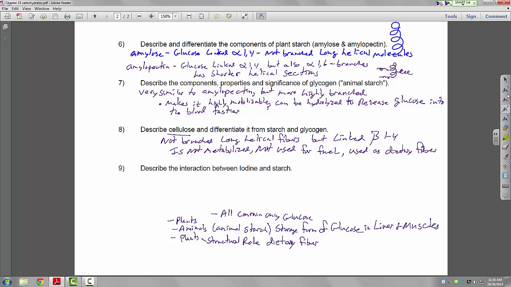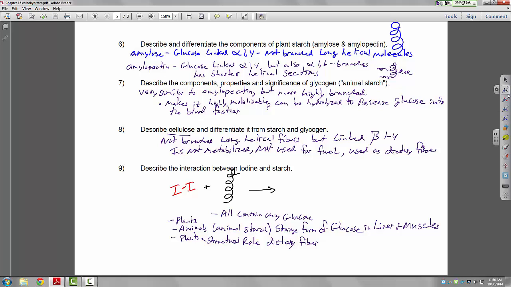Okay. Describe the interaction between iodine and starch. Okay, so iodine, the diatomic molecule, I2, we can react that with starch. So we've got this helical section.